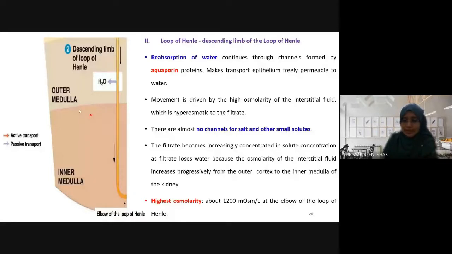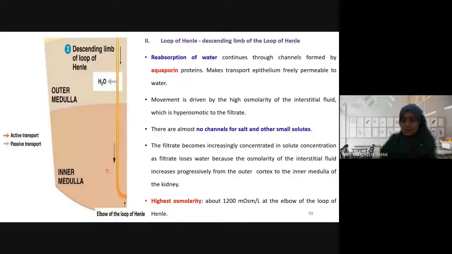That is why it uses the term hyperosmotic here, more concentrated compared to the filtrate in the loop of Henle. Because the concentration outside is higher than the filtrate, more water will diffuse out through the aquaporins from the filtrate into the interstitial fluid.